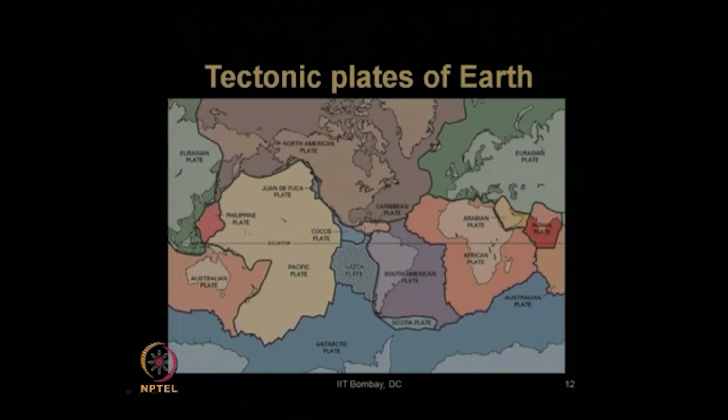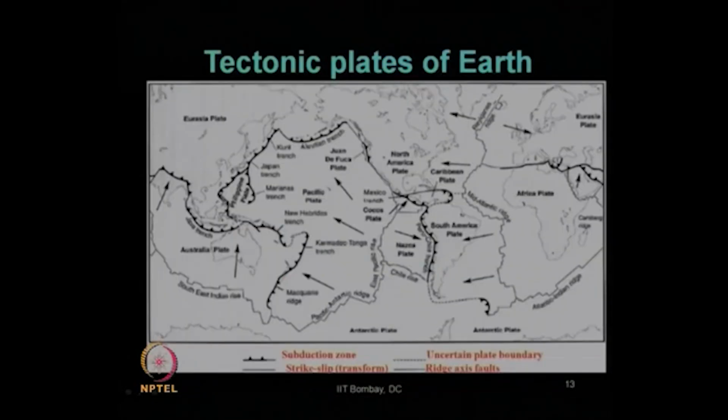Next we talked about the theory of plate tectonics, and we have mentioned various tectonic plates on the earth's surface. Also we have seen the subduction zone at the boundary of these plates. Also the ridge axis, faults, strike slip or transform type of faults, and a few uncertain plate boundaries through these dotted lines.